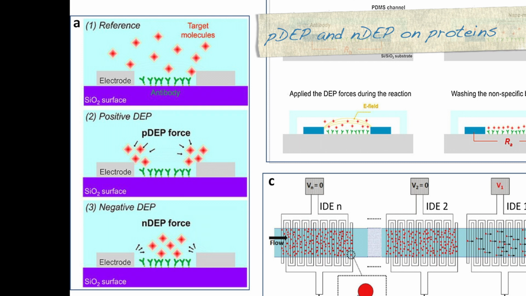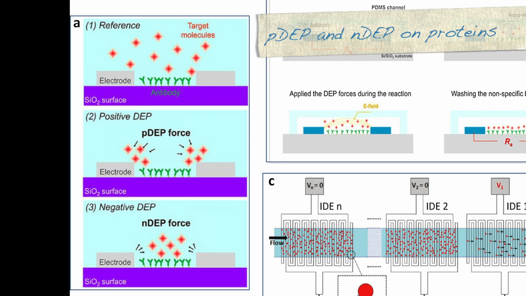So for the proteins, negative and positive dielectrophoresis have been utilized to trap the specific antigen protein at the sensing surface located at the gap between interdigitated microelectrodes.